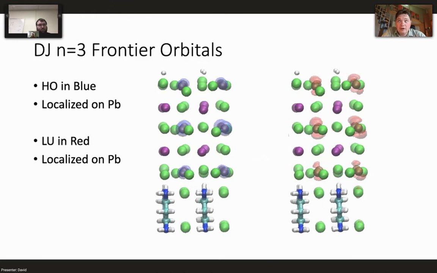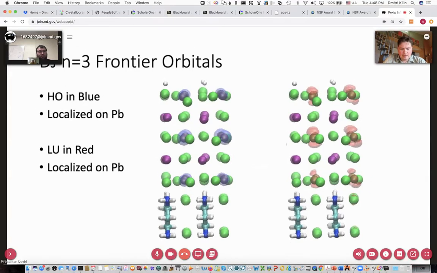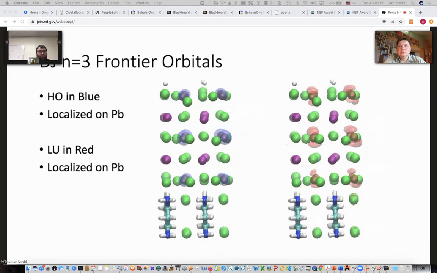I actually need to ask either Aaron or Yulin or you on how to exactly do projected density of states. But I do think that's something we need to look at for at least these two models. Okay. Yep. Because both HOMO and LUMO can be composed of both lead and chlorine, just in different proportions. Yeah. Okay.